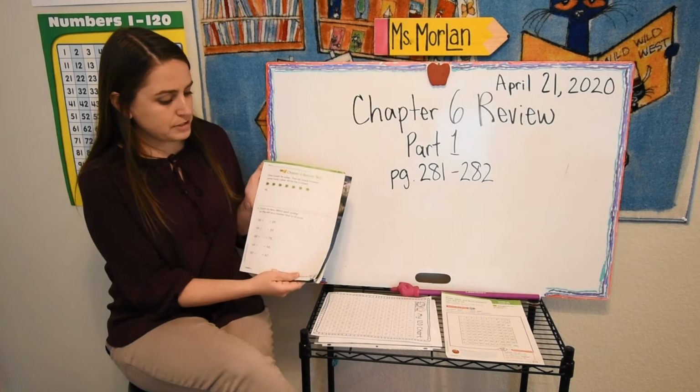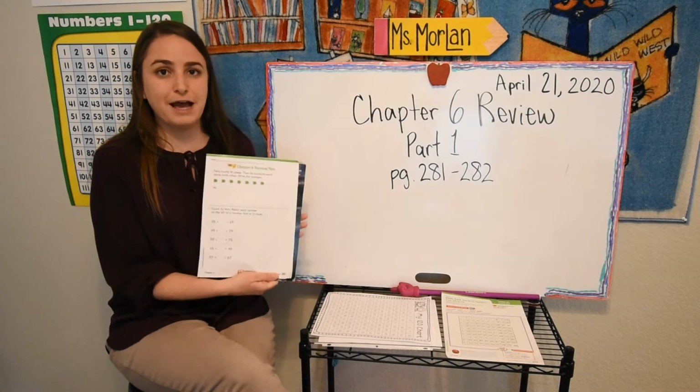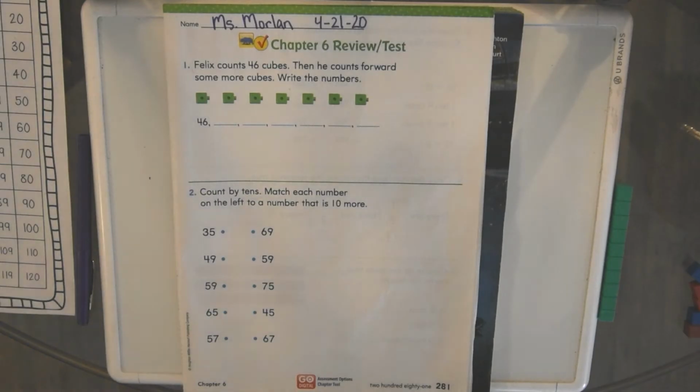All right, so we're going to be starting on page 281, so make sure you have your Go Math books out now. All right, so we're starting on page 281, and we are going to start with number 1.